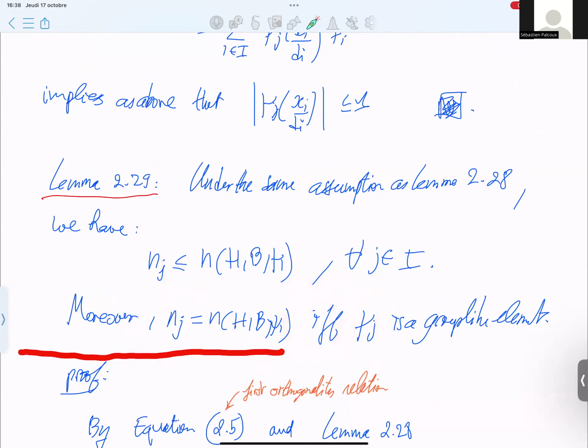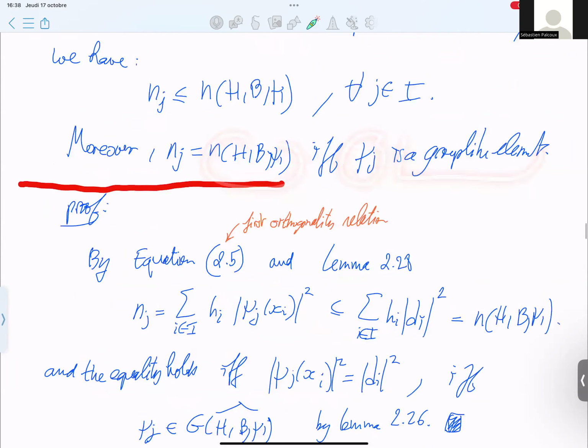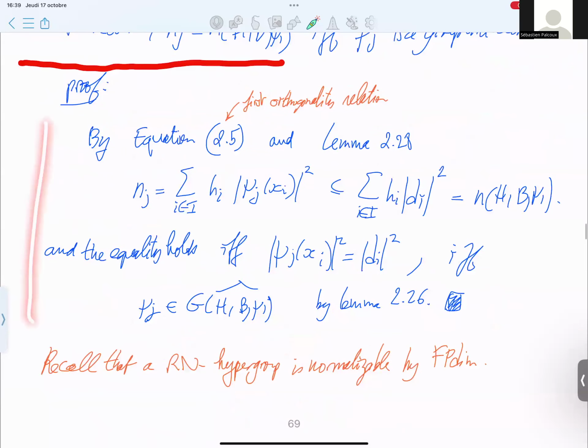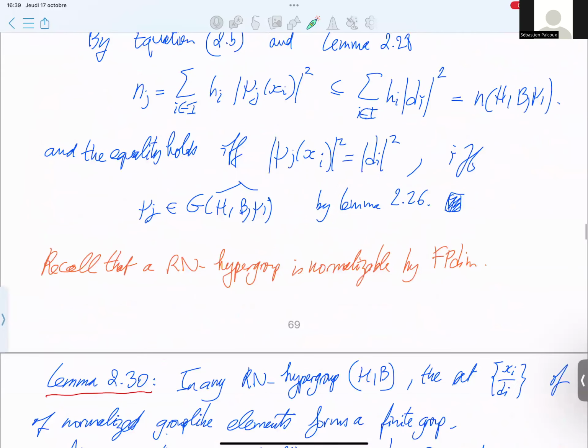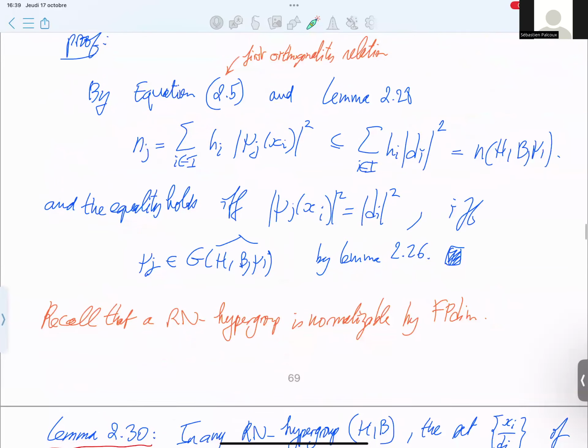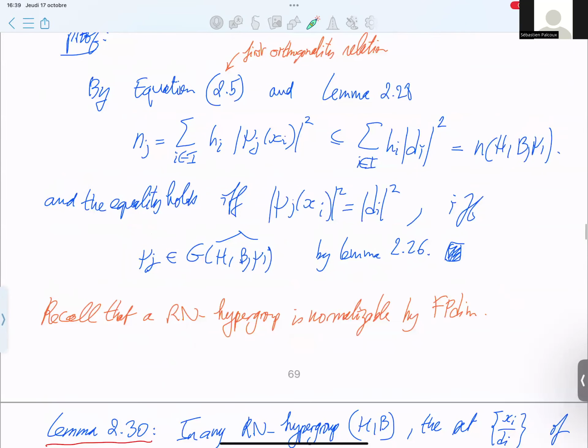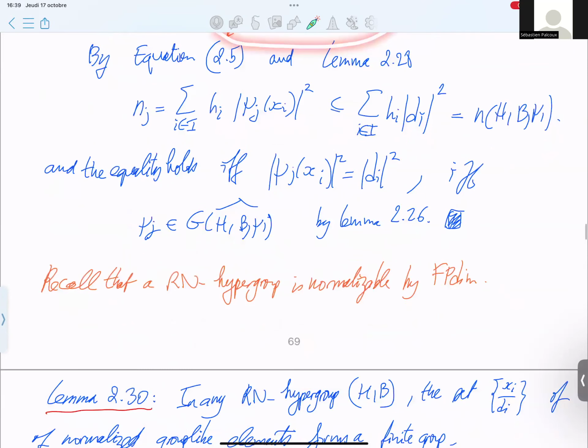So the fact that the formal category corresponding to a linear character is equal to the order is equivalent to this being a group-like element. And this is the same kind of idea, same kind of proof. So I skip. You use again the first orthogonality relation, etc.